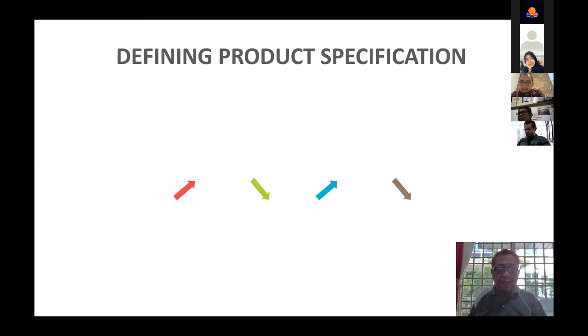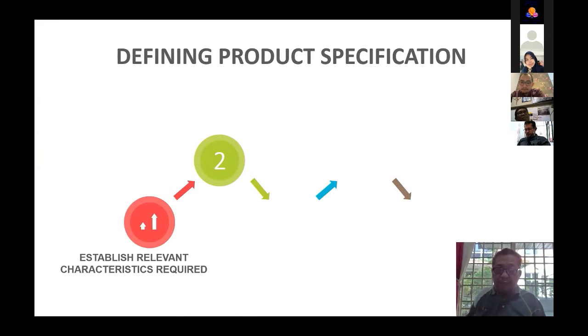So the first thing is to identify or establish what characteristics are required. For example, an incubator, a baby incubator, should be large enough to place a baby.